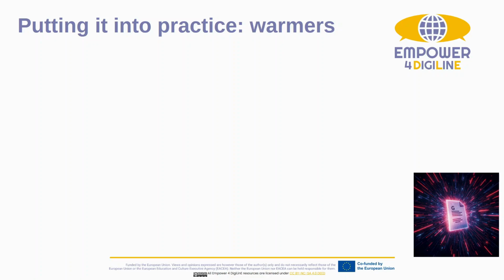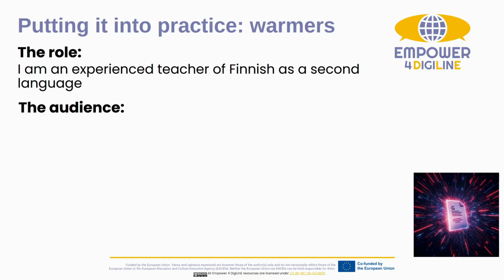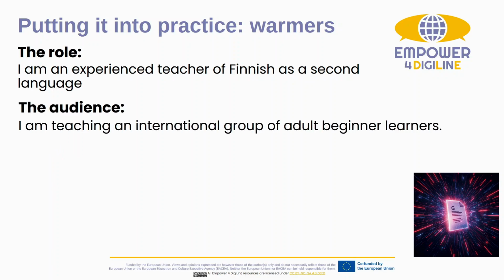First of all, this is to get us the warmers, and we're going to set out our context first of all. So, the usual thing, you need to be an experienced teacher because that will give you better results. Audience, no need to go into a great deal of detail except the fact that they're adults and beginner learners.